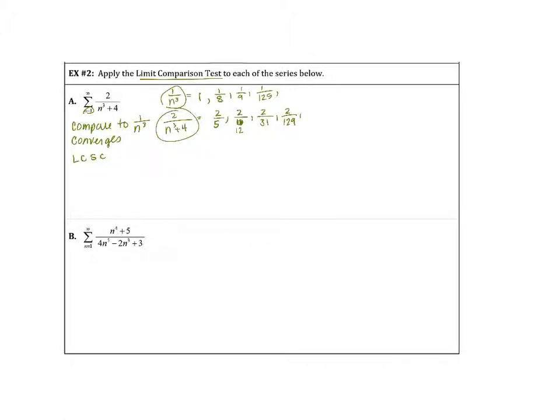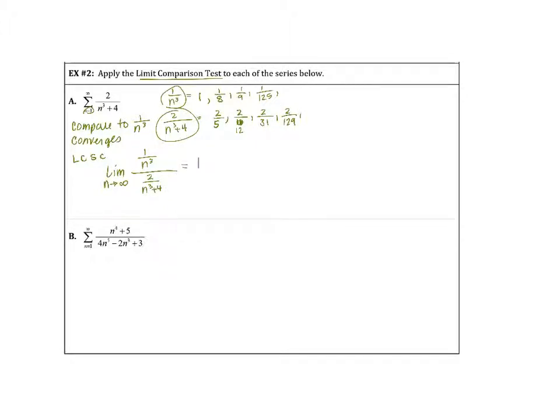And we see that all those terms are positive. So we really can just go straight to a limit as n approaches infinity. And it doesn't matter which terms you put in the numerator. I'm just going to put 1 over n cubed, over 2 over n cubed plus 4.